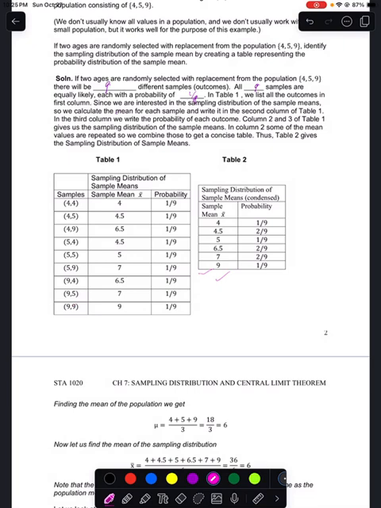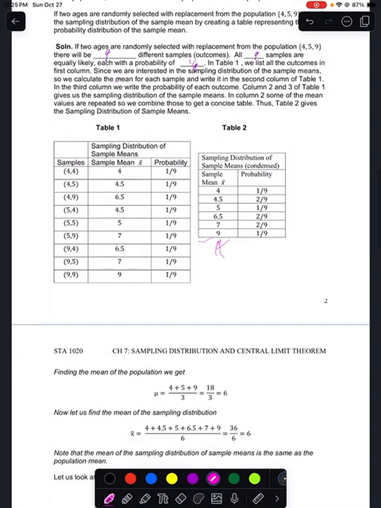If we find the mean of the sampling distribution, the mean of these values, we again get 6. This is not a coincidence. The mean of this sampling distribution will be the same as the mean of the original population.